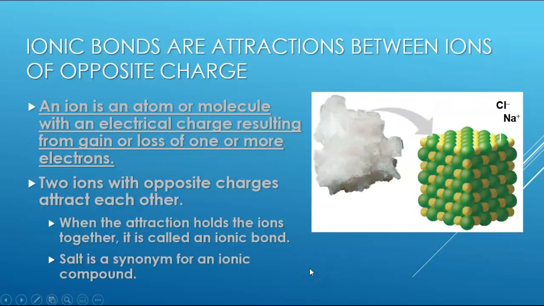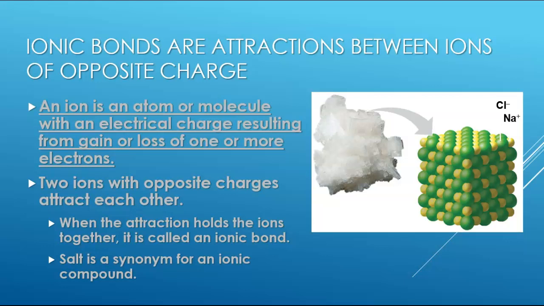The other kind of bond, the second kind of bond we're talking about today, is an ionic bond. In ionic bonds, you have attractions between ions of opposite charges. Now, an ion is an atom or molecule that has an electric charge because it has either gained or lost electrons.